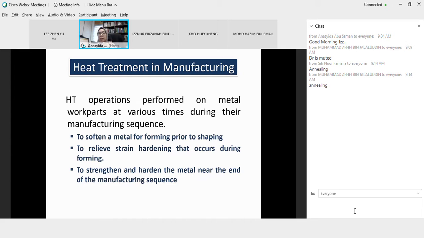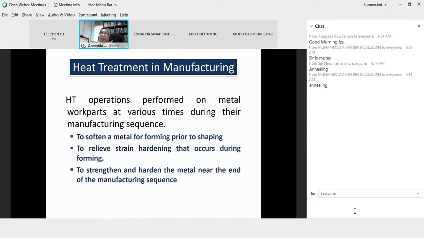But after the process of deformation, you just want to release some of the stress that was induced during deformation. You just do it at the recovery stage, meaning you don't have to heat the material up to the austenite region. But for the process anneal, you have to heat into the austenite region.